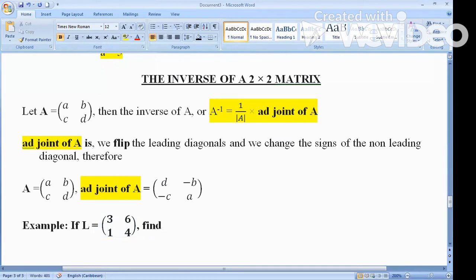Find L to the power of negative 1. Or we could say just find the inverse of L. All right, so that's our question, that's our example.